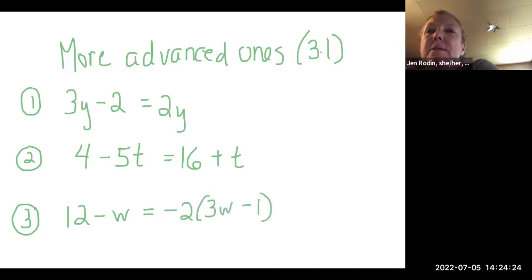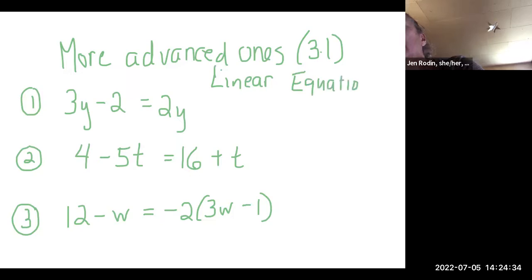But these are still called linear equations, because they tell the story of a line. If you graphed them, which we'll do in chapter 4, they would make a line or 2 lines.